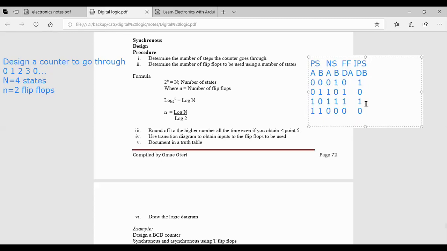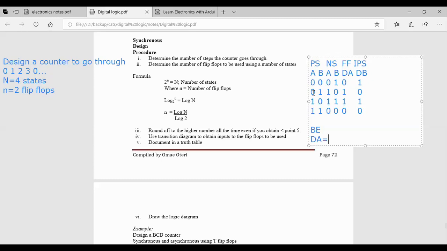The next step is to do Boolean expressions for DA and DB. How do you do that? Look at DA. We have a 1 here, another 1 here. Go to the input. What's A? 0.